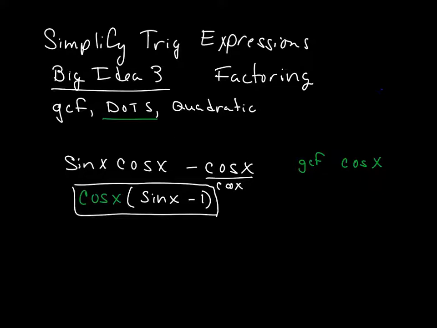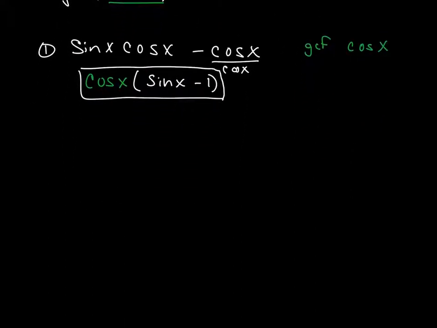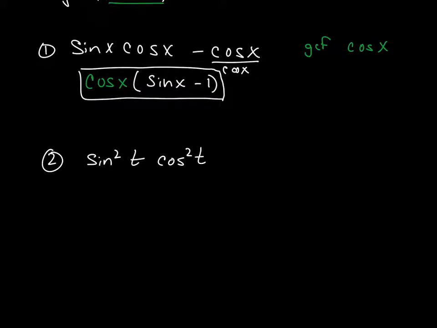That's really all I can do with this right now, but that's an example of how to go ahead and factor out a GCF. Now, I have another example with a GCF. My next example with the GCF will be the sine squared of t times cosine squared of t minus cosine squared of t. Same thing here.